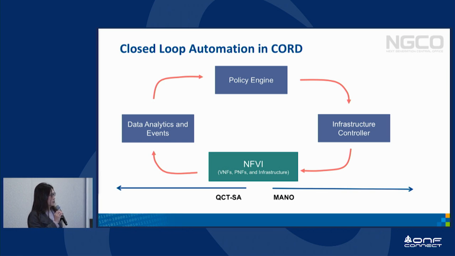Then all the statistic data is delivered to the data analytic engine, which is used to process and analyze the data to recognize the system behavior. If it finds any abnormal behavior, an event is delivered to the policy engine.